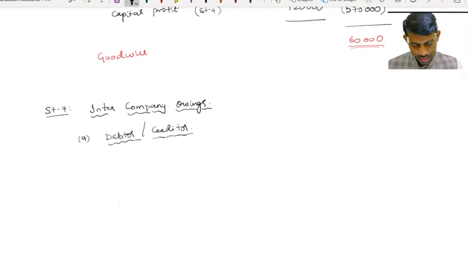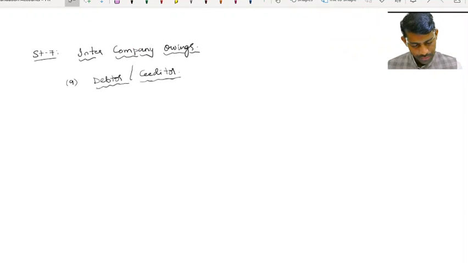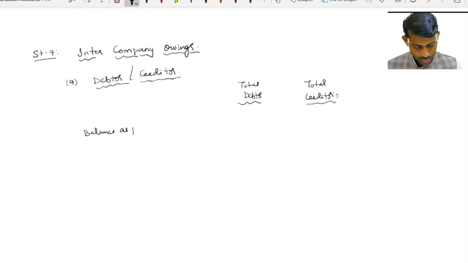Debtor, creditor. So here, total debtors and total creditors as per the balance sheet.